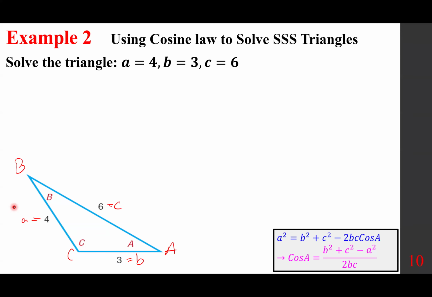And so we want to solve this. That means we need to find the angles, and you have to go with this formula. For example, cosine A is b squared plus c squared minus a squared over 2bc. Just plug it in.